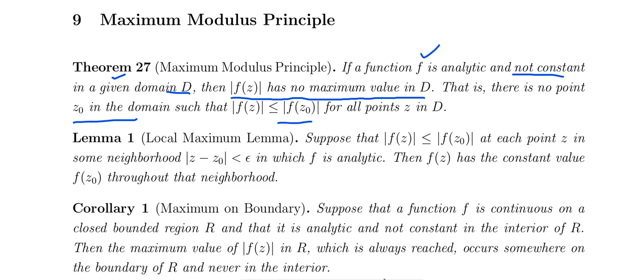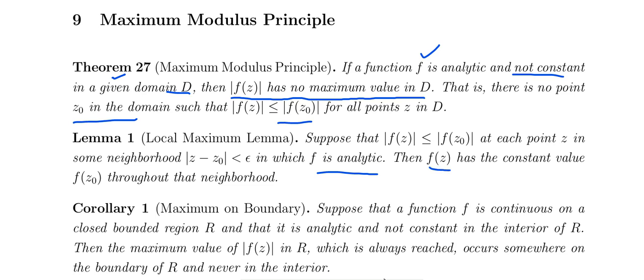The local maximum lemma என்றது, that is, suppose mod of f of z is less than or equal to mod of f of z naught at each point z in some neighborhood of z naught, that is mod of z minus z naught less than epsilon, and mod of f of z is less than or equal to mod of f of z naught at each point z in which f is analytic.